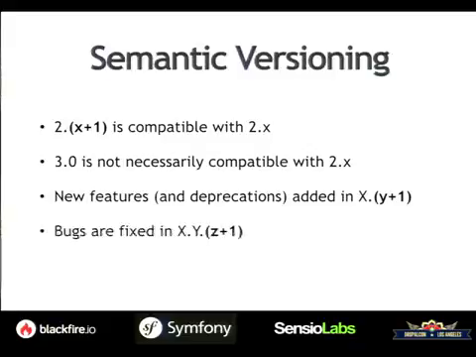All the new features that you will have in 3.0 are already available in 2.x. So whenever we want to add a new feature, we add it in the 2.x branch. And if this new feature means that we need to deprecate something, all the deprecation notices are also part of the 2.x plus 1 version.